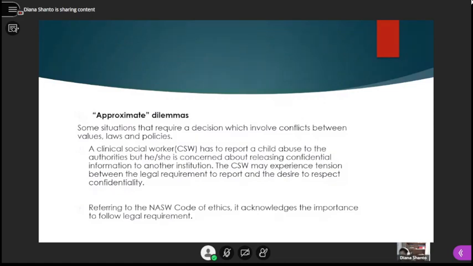Là, je parle de abus, mais si je parle de suicide aussi, if it's a child, you have to inform the parents, report also to Life Plus. Ça, c'est la loi.